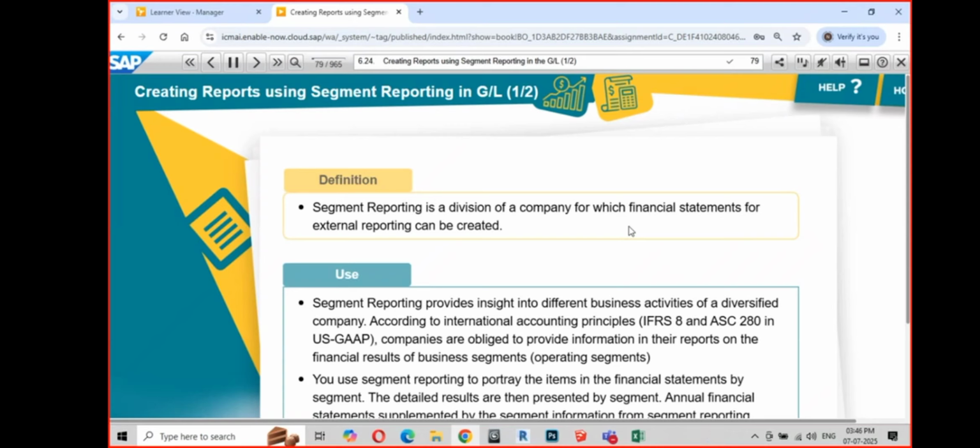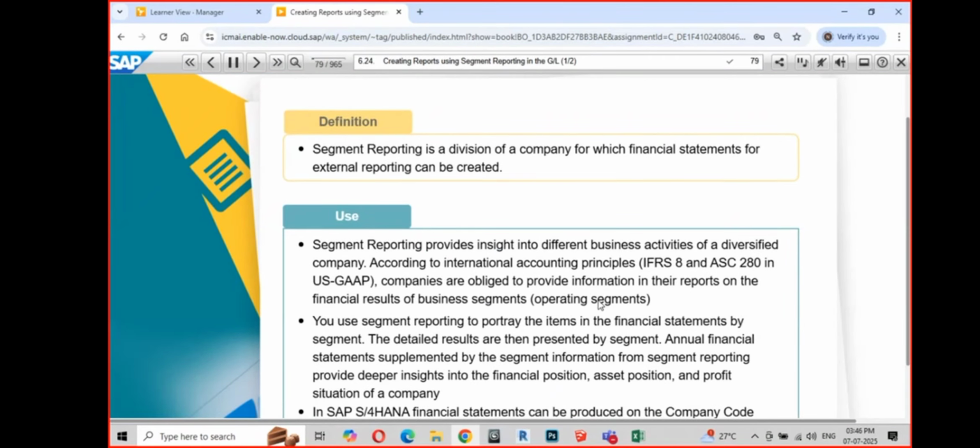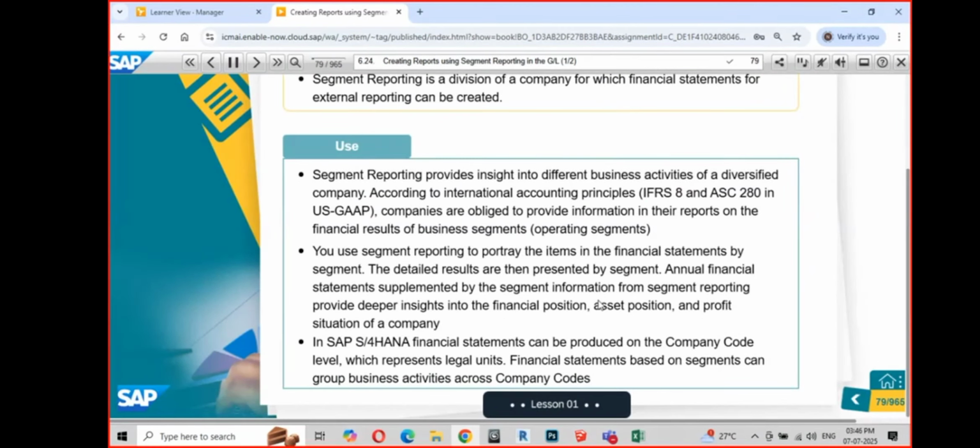So did you understand what is segment? I would not spend more time on this because these things come at a later point in time. But what I want you to understand is what a company code is. More importantly, what is a company code? Client, also hold it for some time.